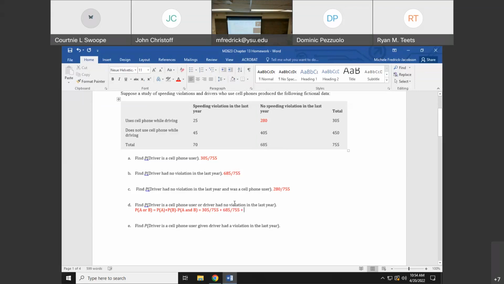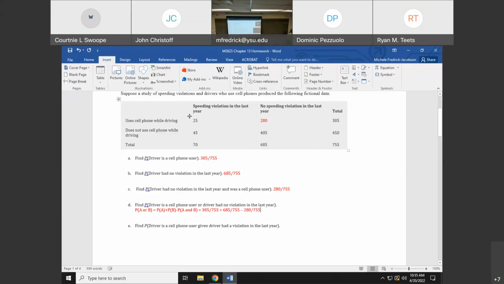And then the probability of both, we need to subtract. So when it's an or, you have to be careful. If you just go by the totals, you're going to put this in twice.